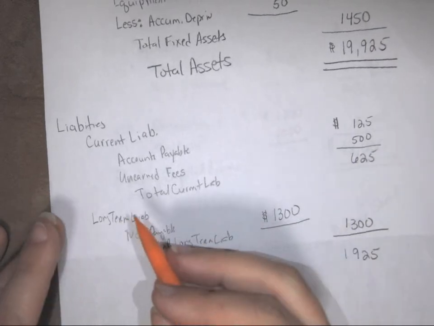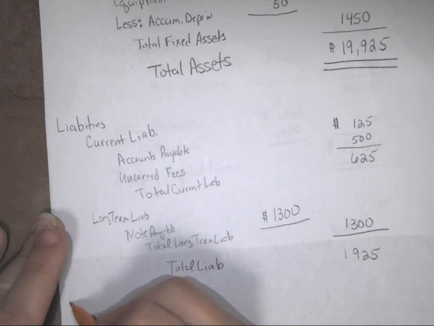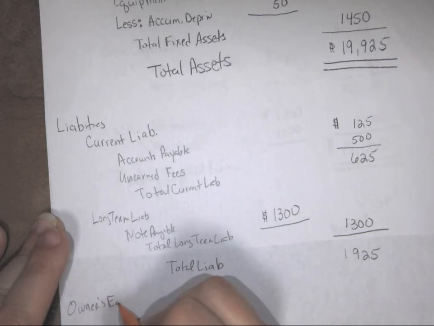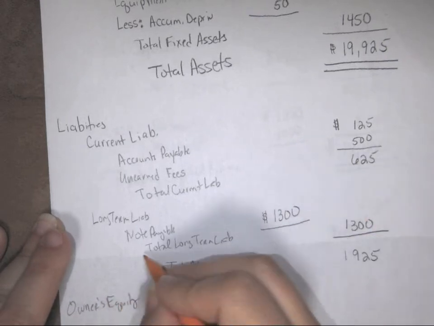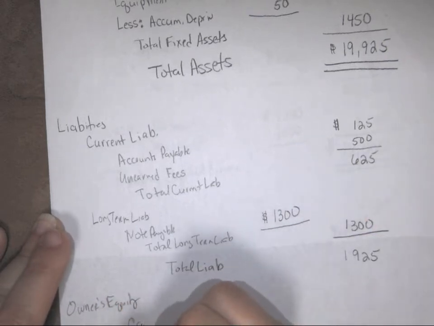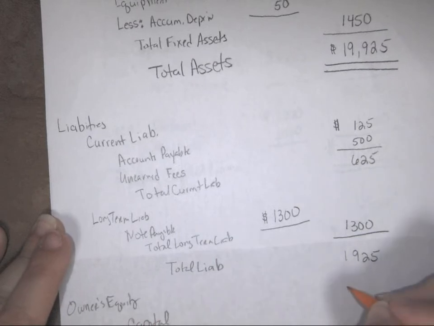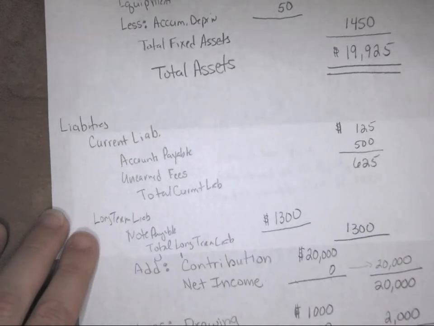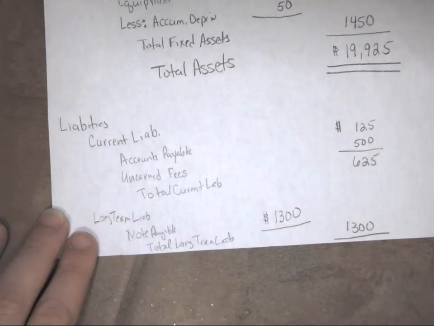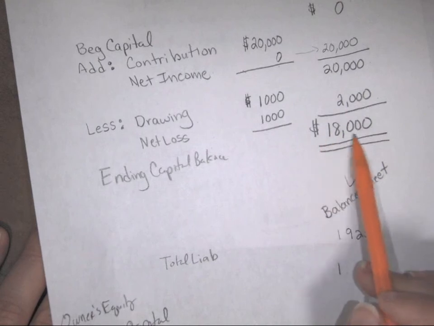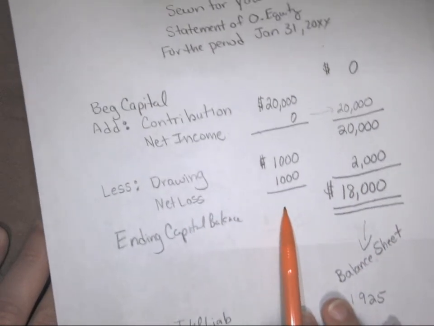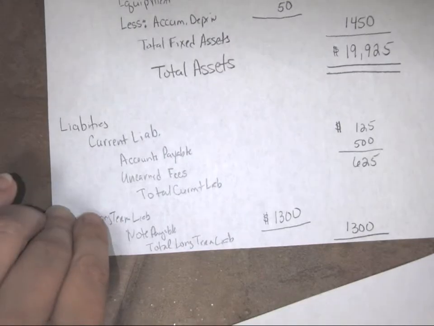The next section is the capital section, or the owner's equity section. And in the owner's equity section, what I have is capital. And that capital amount, remember, we get that from our ending capital balance here. My ending capital balance here is $18,000, and that is off of that statement of owner's equity.